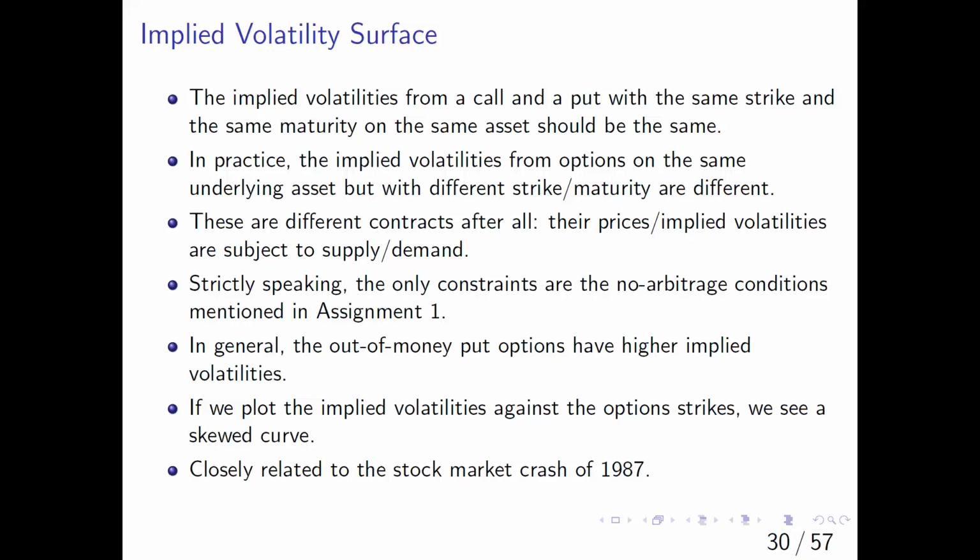Okay? Does anybody know why? Why should the implied volatility from a call and a put with the same strike, same maturity on the same asset be the same? What if they are different?